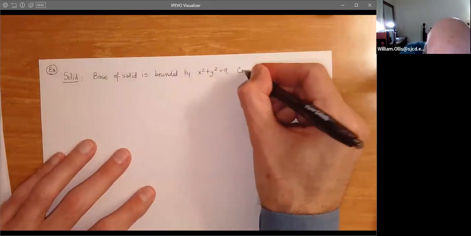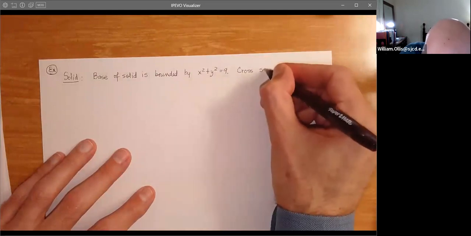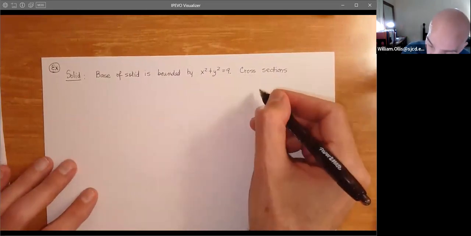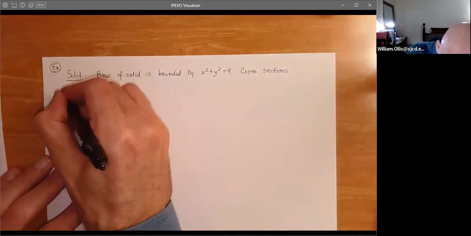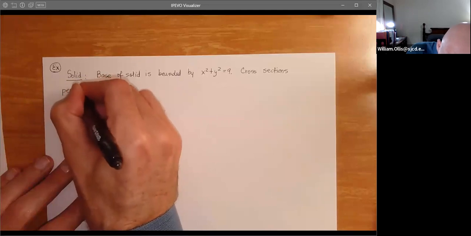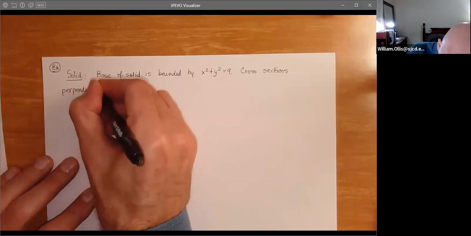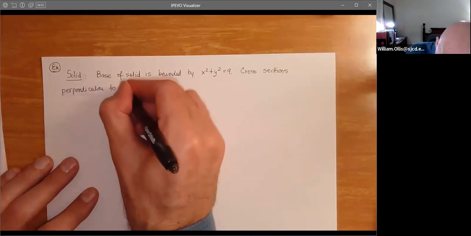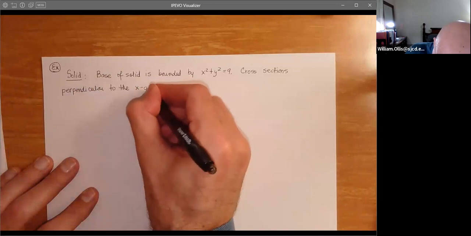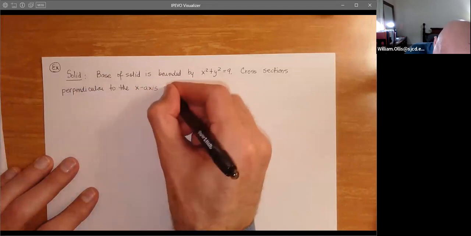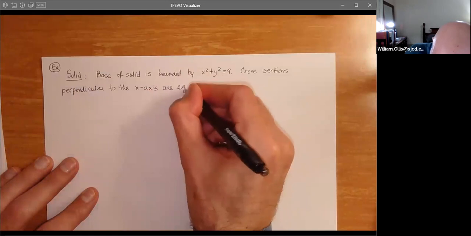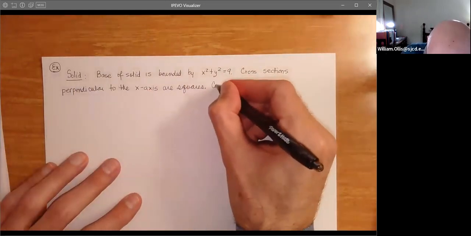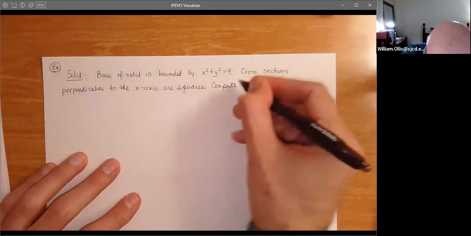And we're going to say that cross sections, so you derive this particular solid, cross sections perpendicular to the x-axis are squares. And then we want to compute the volume of the solid.